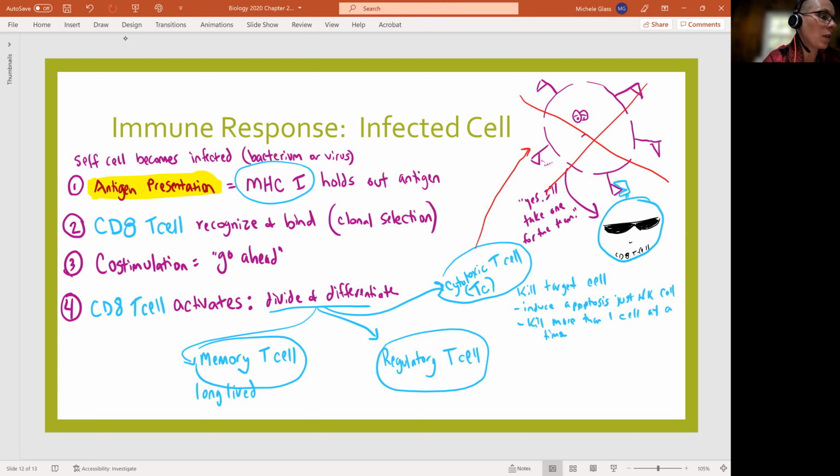This memory cell is going to be able to act very fast as part of your secondary immune response.